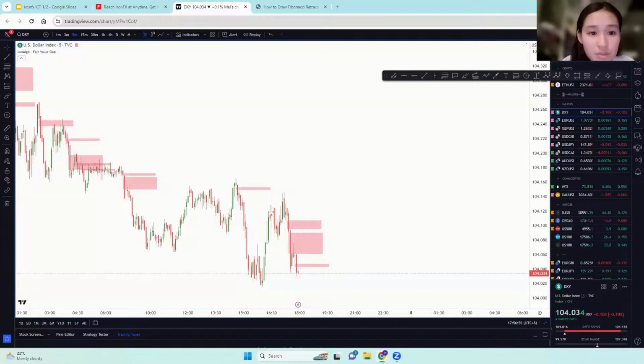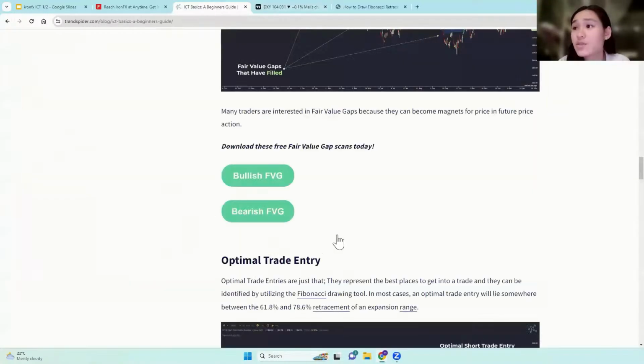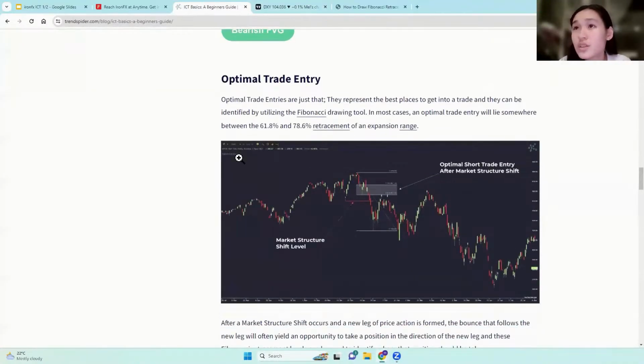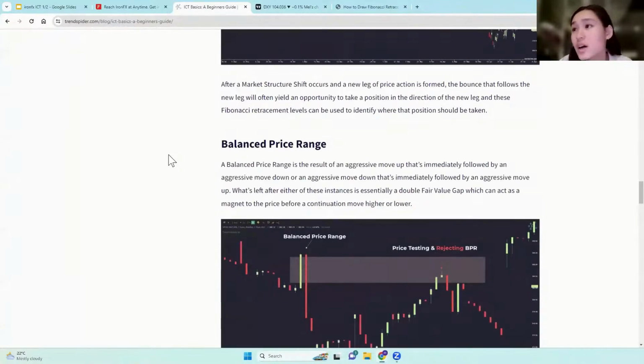So basically, that's what I mean by a double fair value gap. You can look at this website as well.